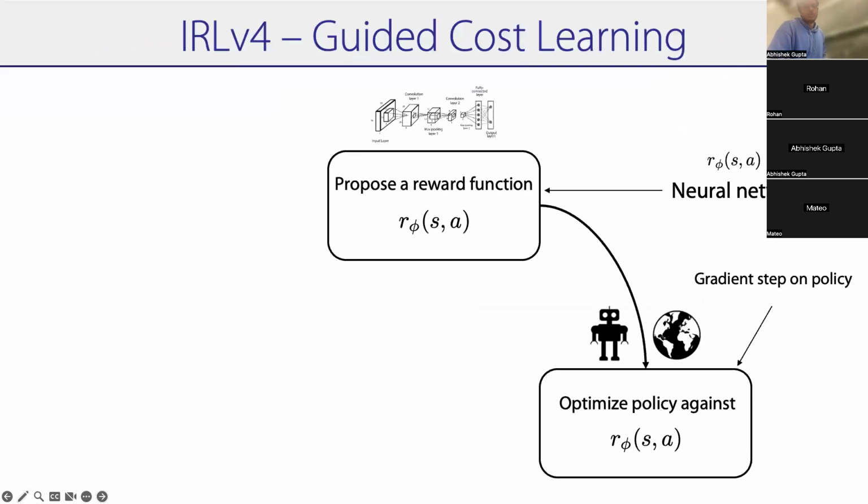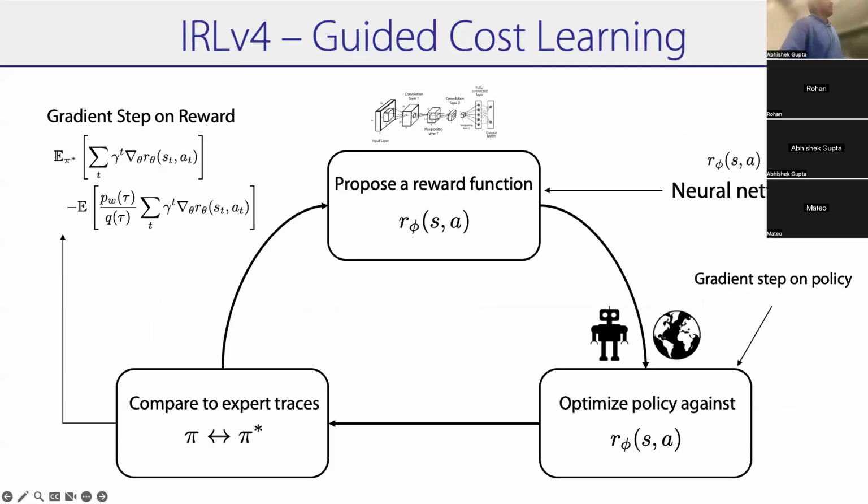Okay, so the way we're going to do this now is that rather than solving till optimality every time, you're only going to improve a little, and then you're going to correct with importance sampling. You're still going to do MaxEnt IRL, but you're not going to go to optimality every time. You're just going to do policy optimization on your reward function a little bit, and then correct for your reward gradient with this importance sampling. And so that makes it lazy.